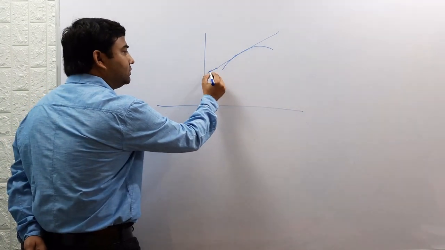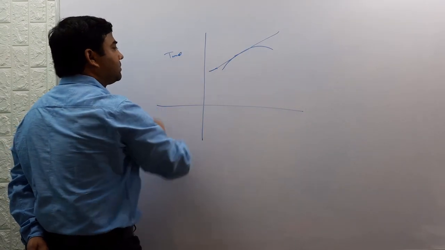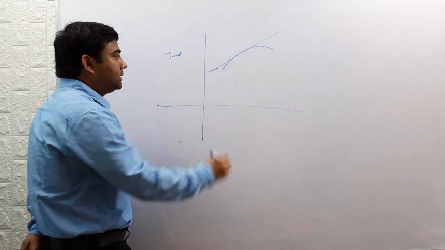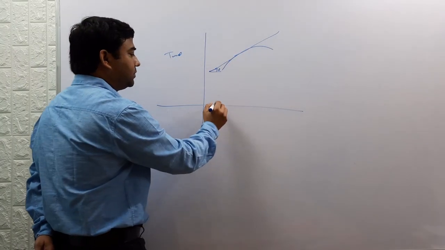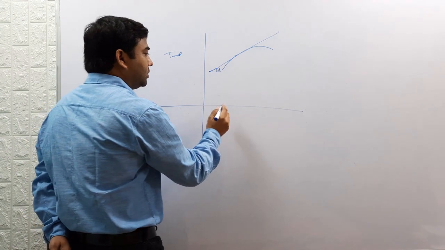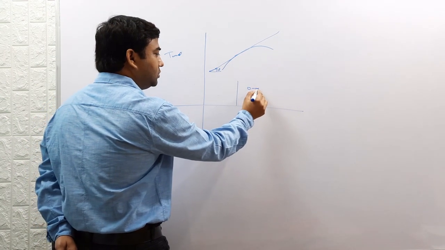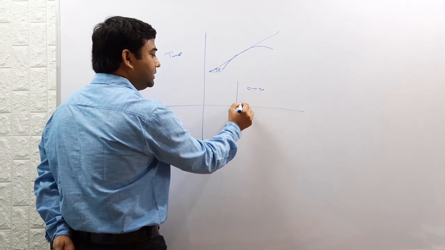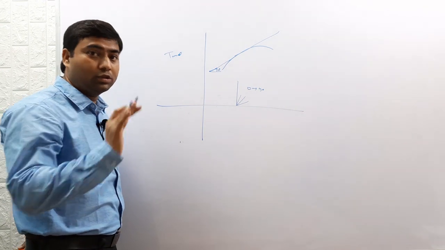The gradient of this tangent is tan theta. This is the theta from the x-axis. So for any line, when this angle is between 0 to 90 degrees, the gradient will be positive.